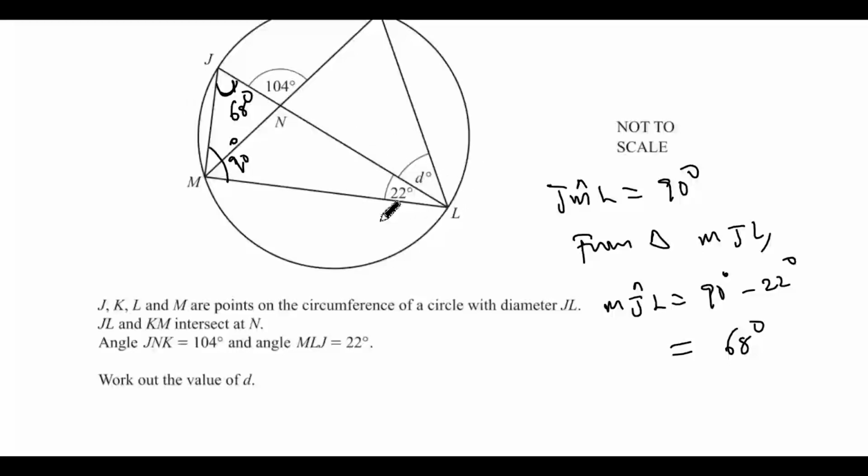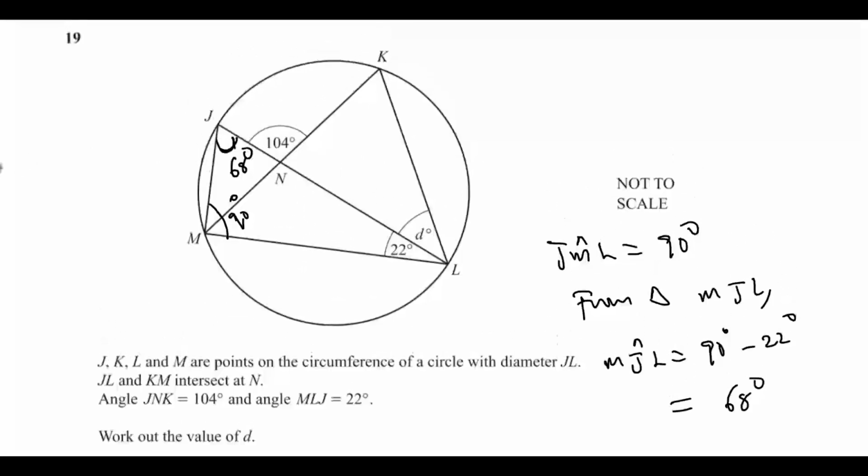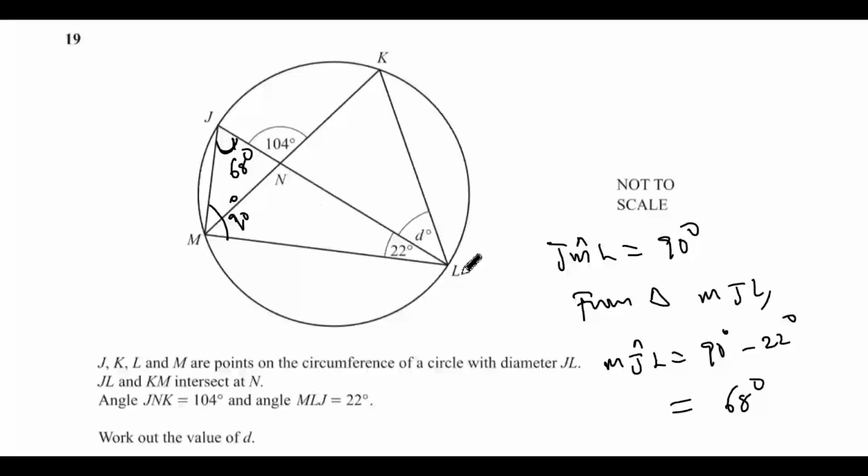If you look at this angle MJL, you see that it is also equal to this one, because they are angles in the same segment. They both come from the arc ML.